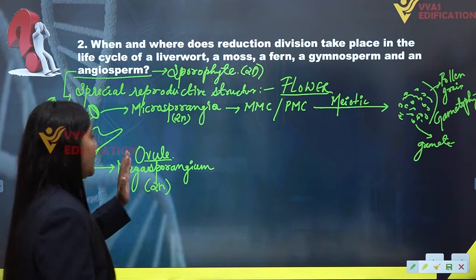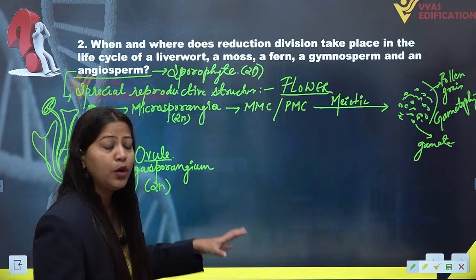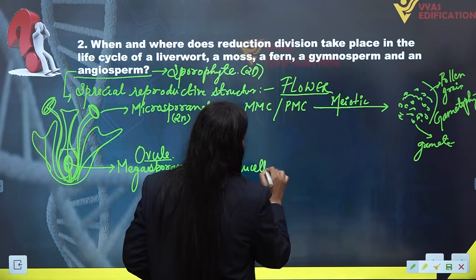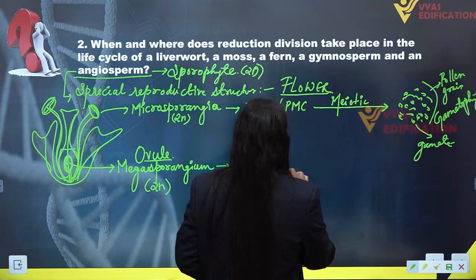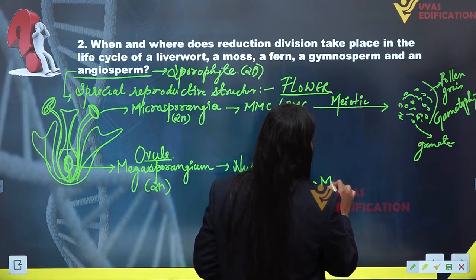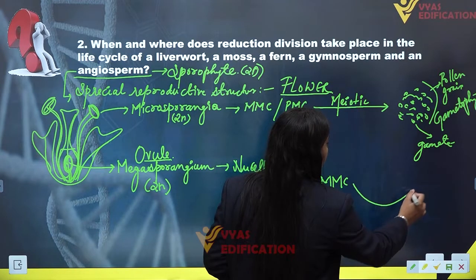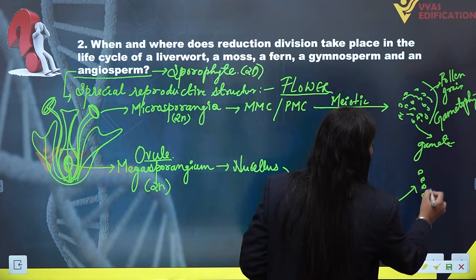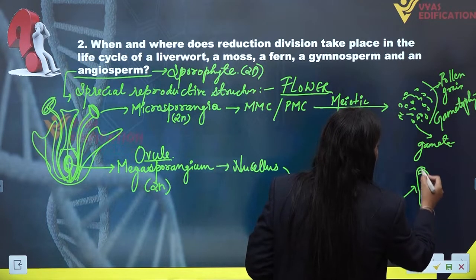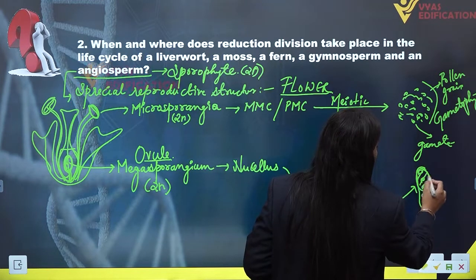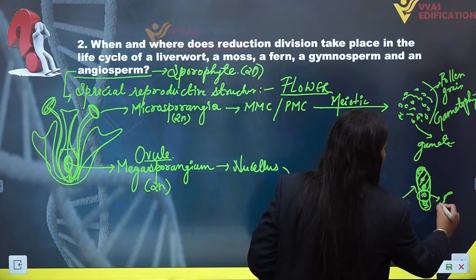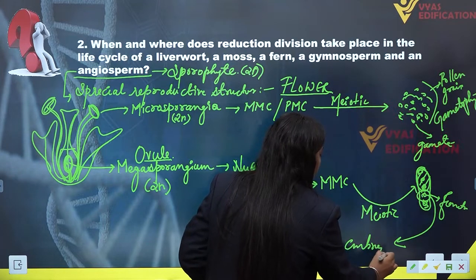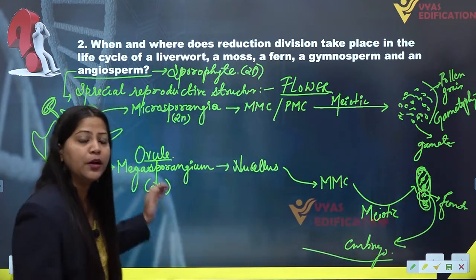Now, inside megasporangium or ovule, we have a special kind of tissue, that is nucellus tissue, and these nucellus tissues have already MMC, that is megaspore mother cell, which will undergo meiotic divisions again to form megaspore tetrad, and among this tetrad, three will degenerate, one will remain functional and give rise to embryo, and thus it will form a new plant body of angiosperm.